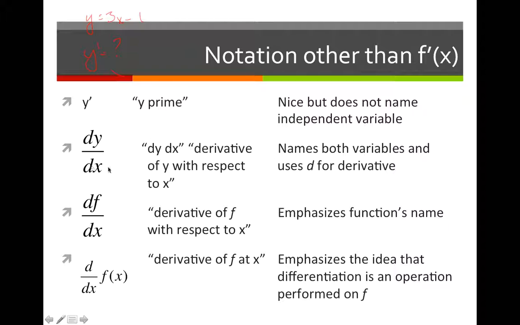So dy dx means take the derivative of the function y with respect to x. We could write it as df dx, or derivative of the function f with respect to x. Or we can write it like this, all different ways to write the idea of the derivative.